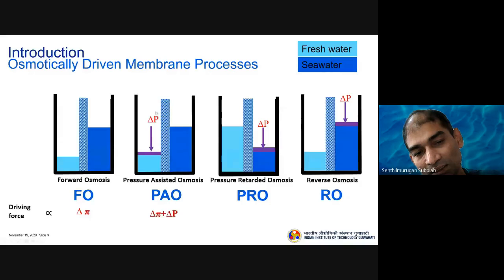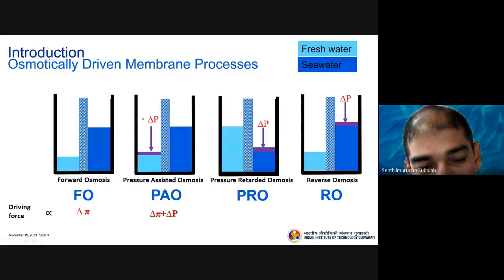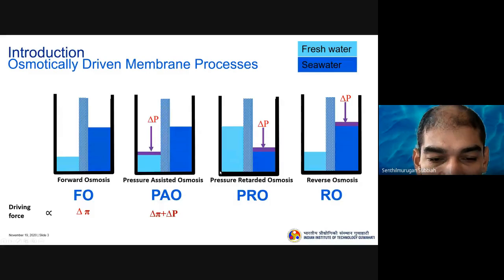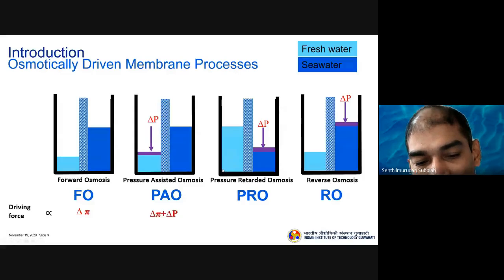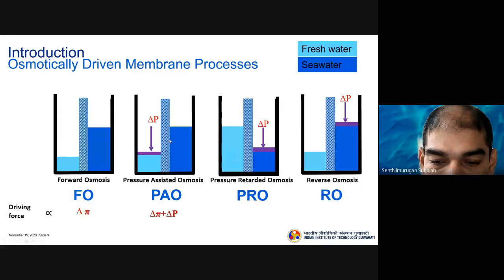P1 is on the fresh water side, and P2 is on the salt water side. This we call pressure-assisted osmosis. Basically, we are giving further assistance through pressure to increase the flux. That's why we call it pressure-assisted osmosis. Still, it is osmosis, where water is flowing from the high concentration to the low concentration side.